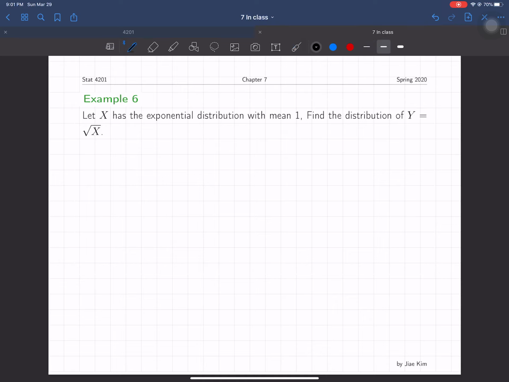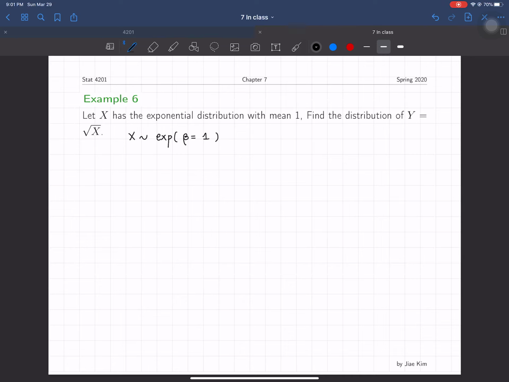Okay, so before we dig in, let's write down what we know from this given example. X follows the exponential distribution with mean 1. I'm going to go with the scale parameterization, which is in terms of beta.